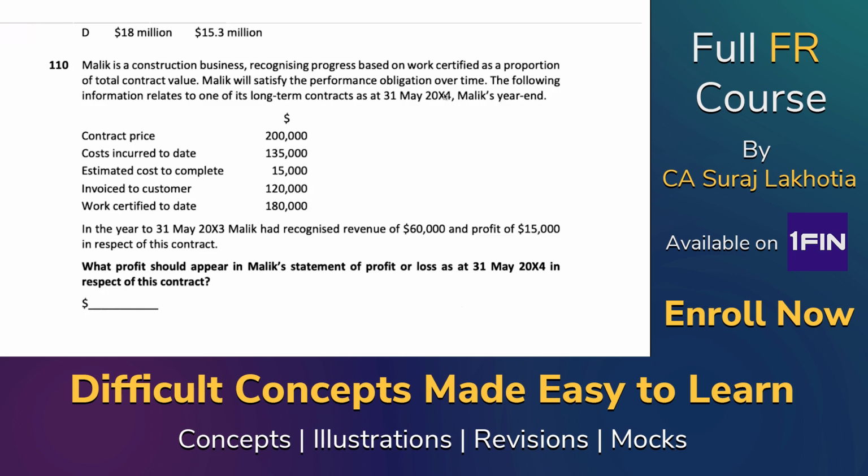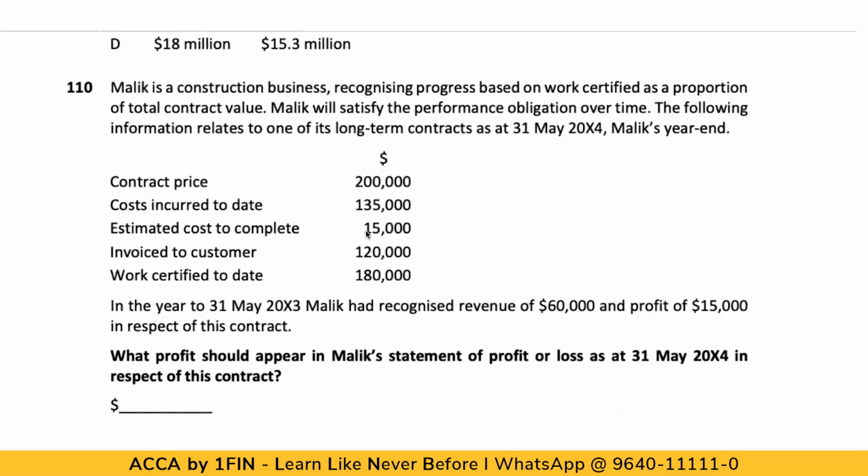Now, where do we use the billed amount? Billed amount is useful in calculating contract asset and contract liability. Whenever the question relates to contract asset or contract liability, in that case, the billed amount to the customer is relevant.